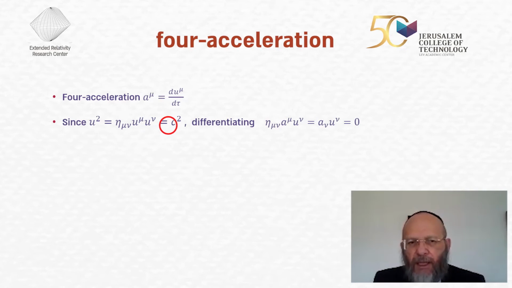That means both terms are of the same type, eta mu nu, a mu u nu, which is equal to 0. Why? Because when you differentiate this constant, you get 0. That means a with a lower index times u nu, the contraction of them, must be 0. It means in some sense, the acceleration and the four-velocity must be orthogonal.